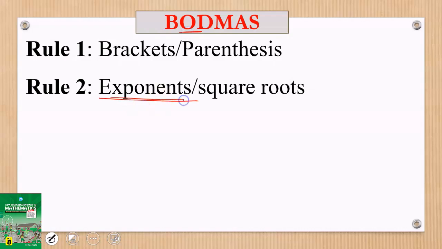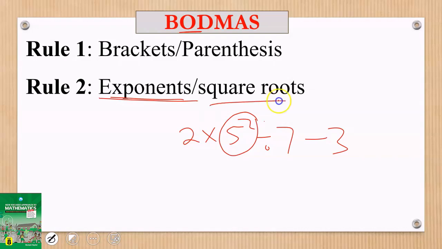If the question involves an exponent, like 2 plus 5 squared divided by 7, maybe minus 3, deal with the exponent in it. If there is a square root, deal with the square root also. After dealing with the parentheses first, if there are exponents involved in the question, deal with the exponent; that will be the second thing to do.